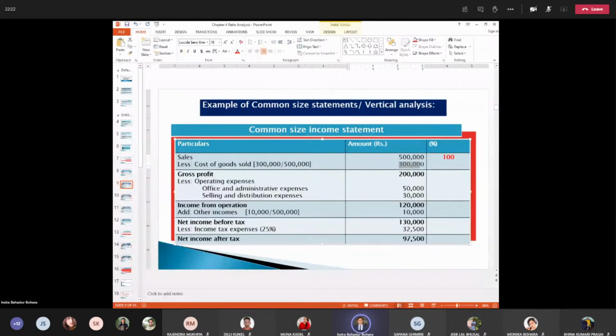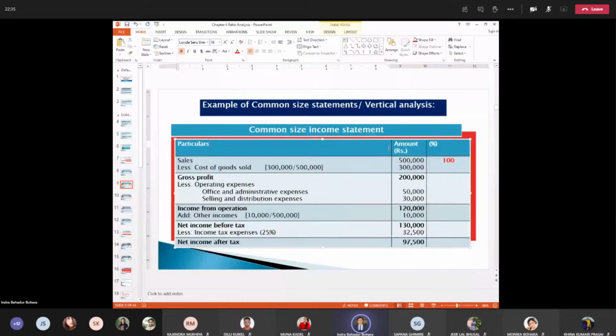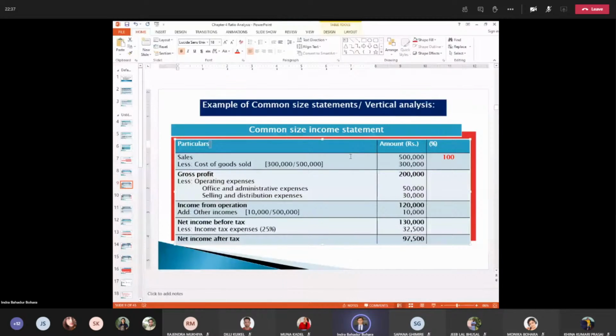And 3 lakh rupees is cost of goods sold. What percentage is cost of goods sold on total sales? 3 lakh rupees is the cost of goods sold, and 5 lakh rupees is the total sales. It is 3 lakh divided by 5 lakh, it is 60%.